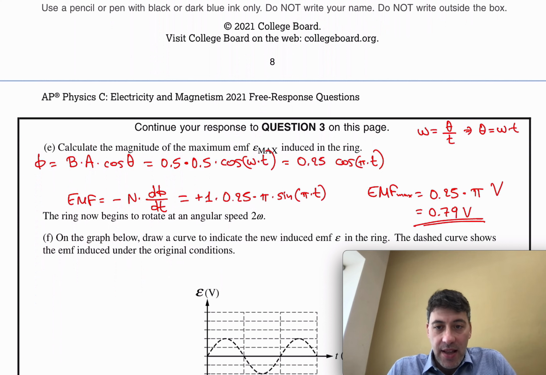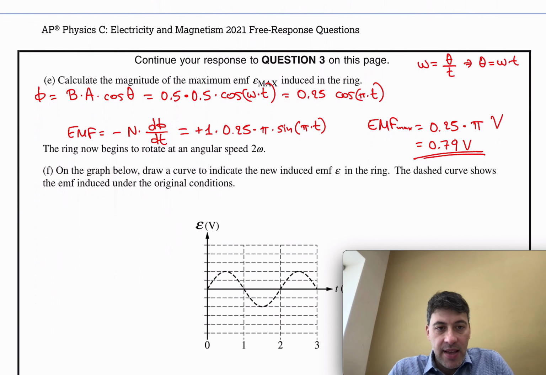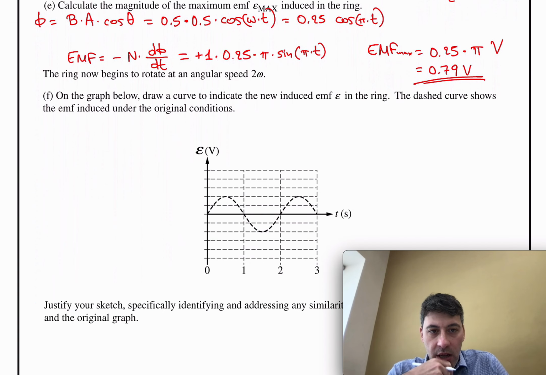Okay. Now, the ring begins to rotate at an angular speed 2 omega, so the ring begins to rotate faster. And on the graph below, we need to draw a curve that indicates the new EMF.